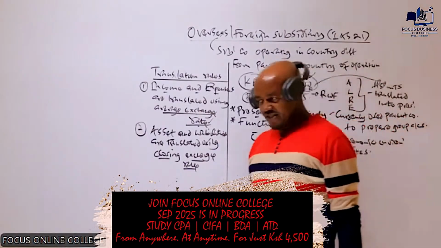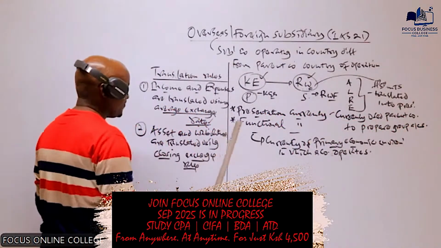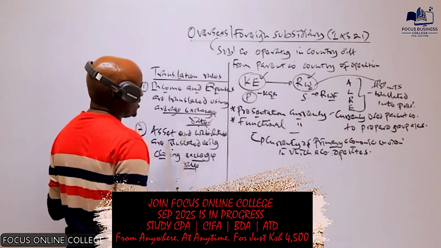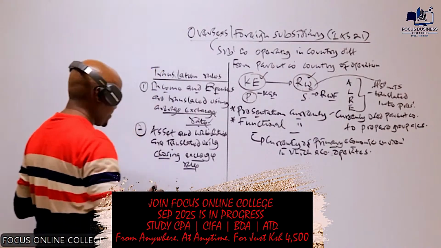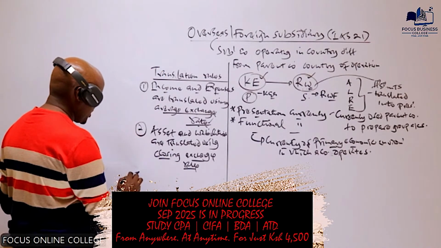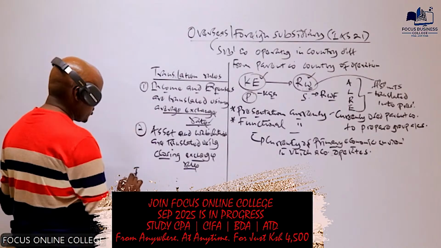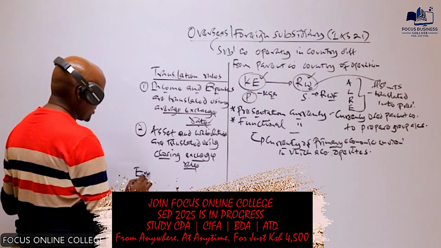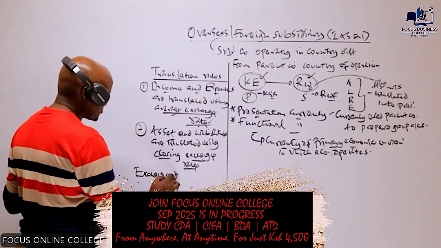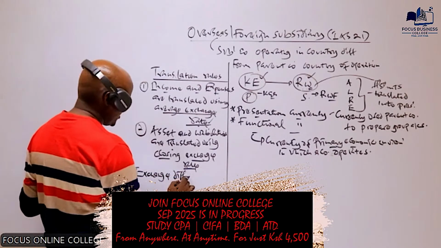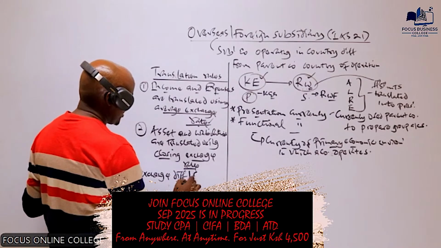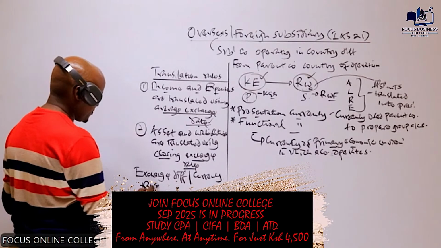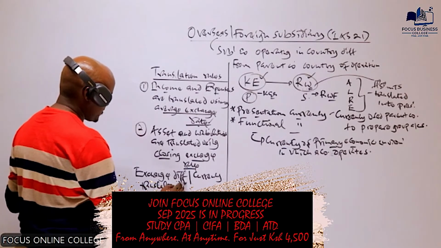But it is obvious that in the process of translating the assets, liabilities, revenue, and expenses of this foreign subsidiary into a presentation currency, there is something which is known as the translation difference, or can we just refer to it as the exchange difference? In other terms, we refer to this as the currency translation difference.